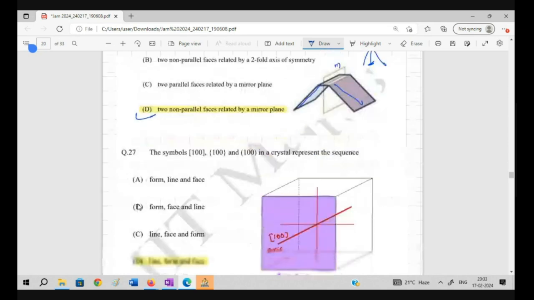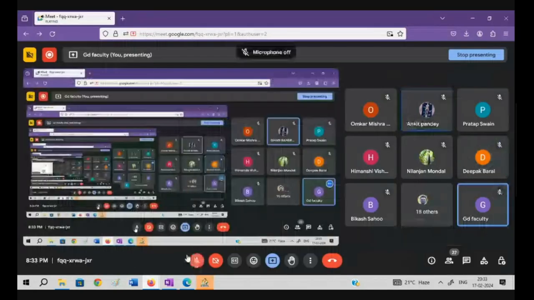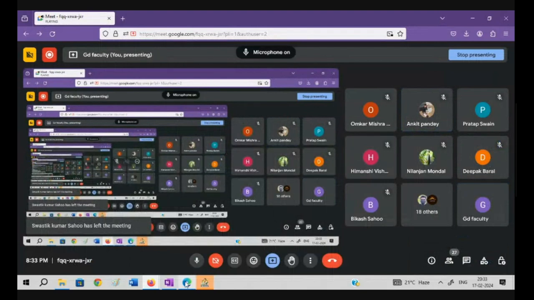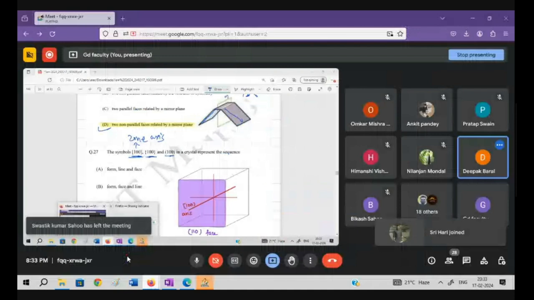Then the next one, where three symbols are given. The first symbol is kept under a square bracket, the second under a curly bracket, and the third under a parenthesis. If you remember, the square bracket always represents a zone axis, and a zone axis is a line.